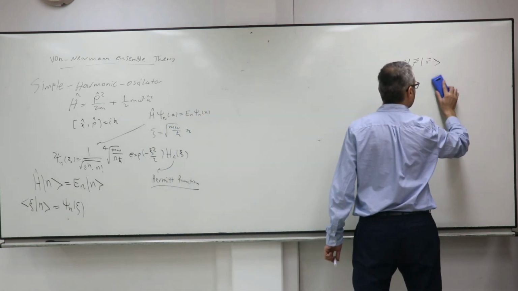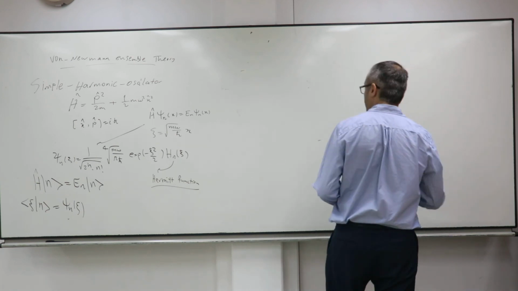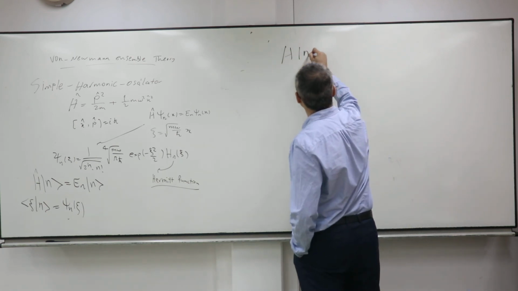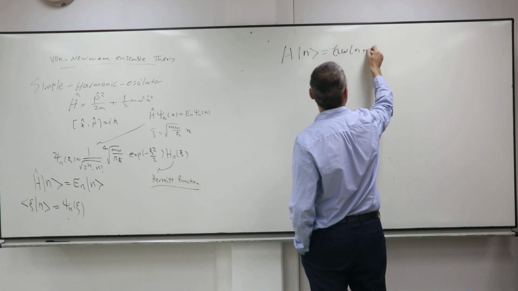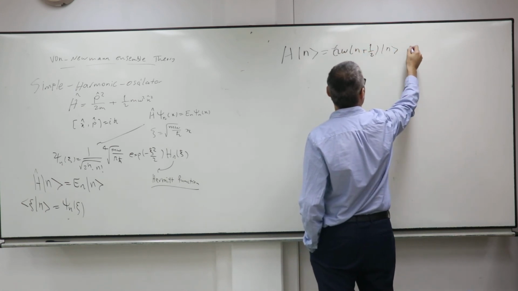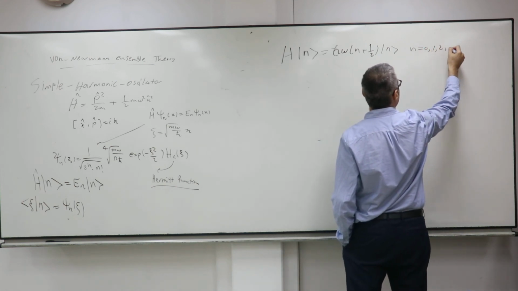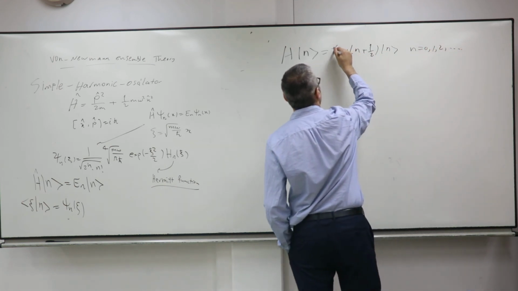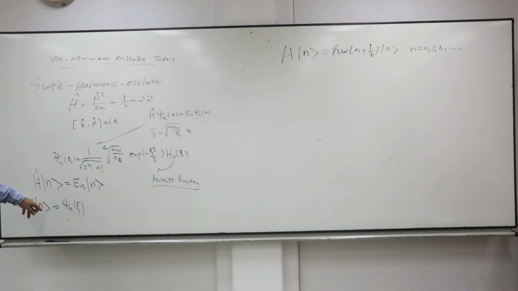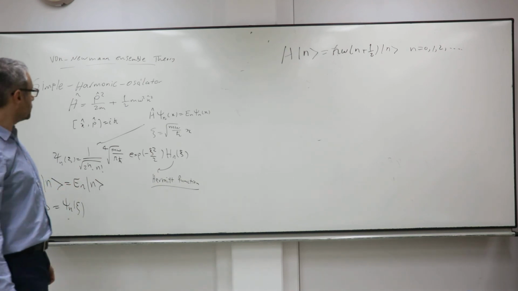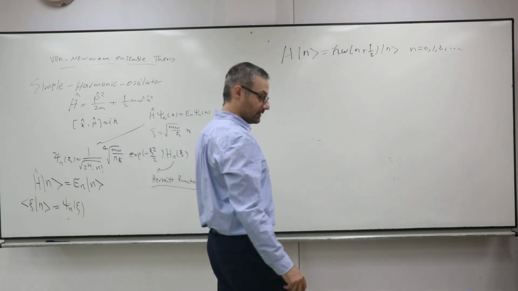The benefit is that if you apply the Hamiltonian on ket n, I know what it will be: h bar omega times n plus 1 over 2, times ket n. n starts from 0 to infinity. Because this is like psi n, so H acting on psi n gives E n, and this is the energy.